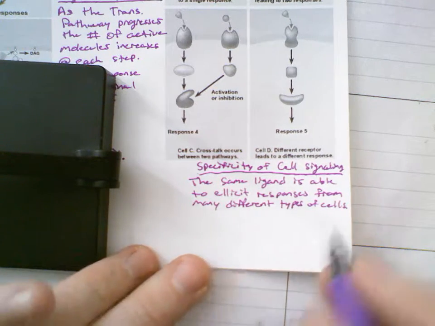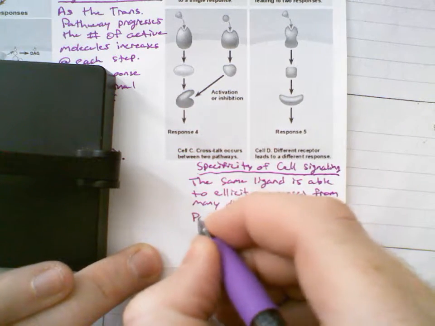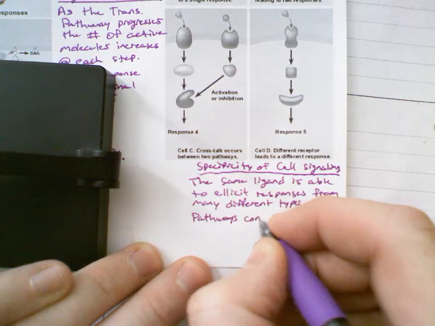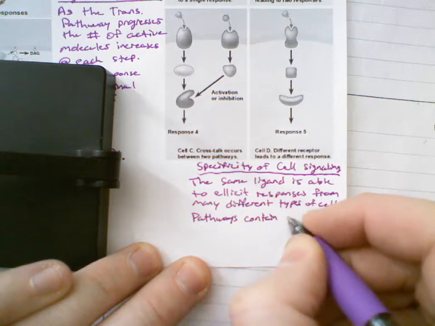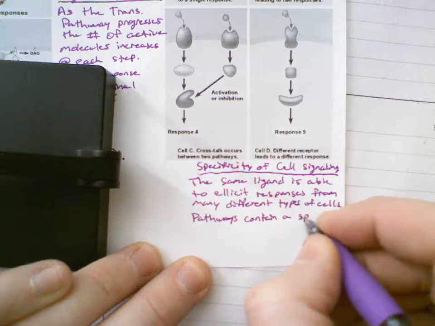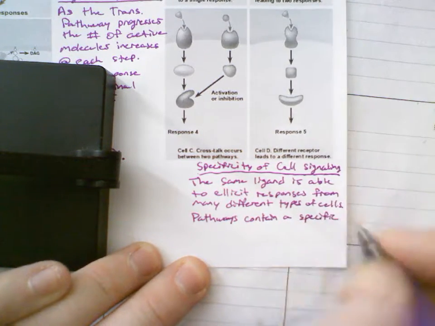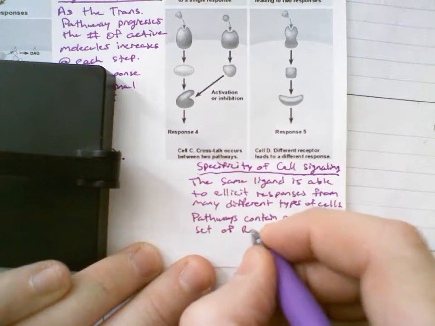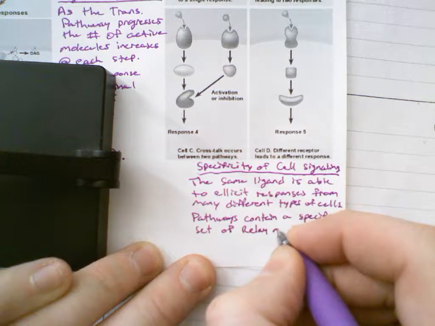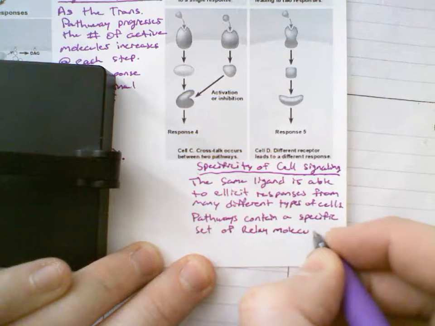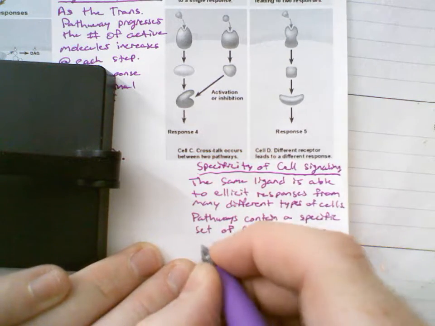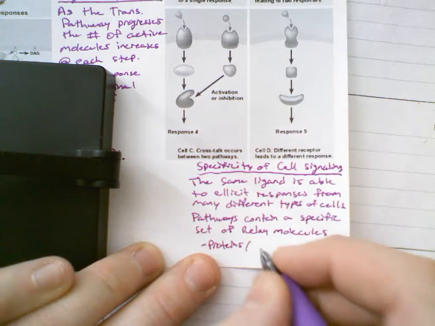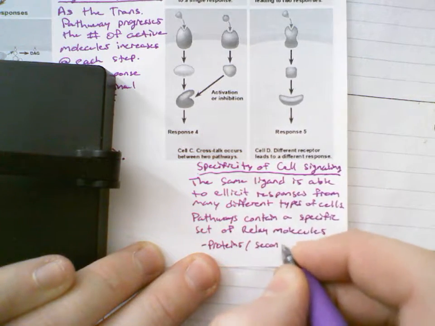And this is possible due to pathways containing a specific set of relay molecules, whether it's proteins or second messengers.